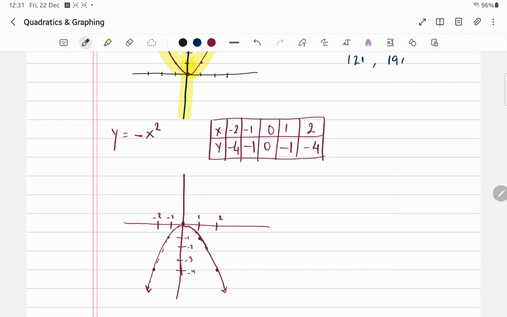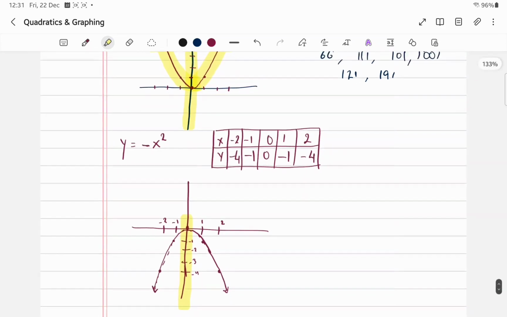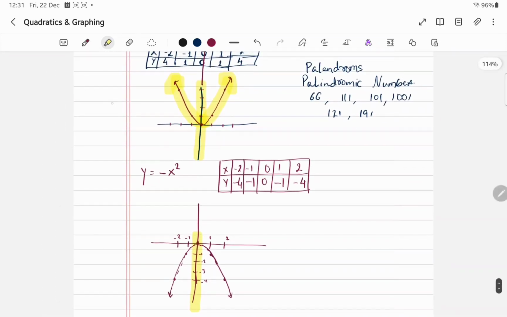Yeah? So here we can say it is still symmetrical. It is symmetrical in the middle. It has an axis of symmetry. But instead of opening upwards, it is opening downwards.